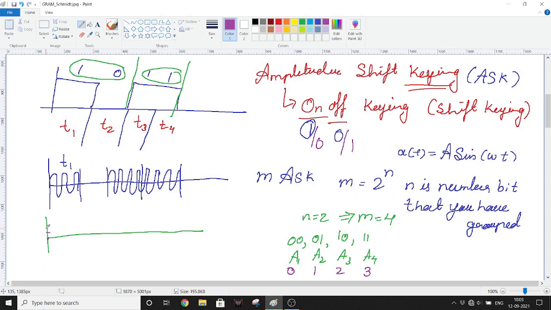So consider here it is 1, here it is 2, here it is 3. Correct? Here we complete the period of T1, and then the T2 period, and then I have an amplitude of 3.